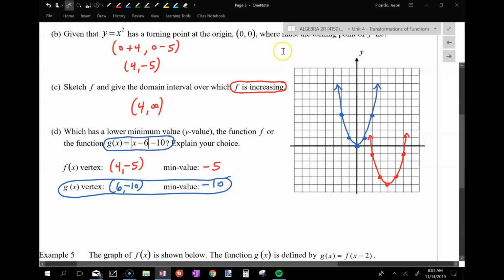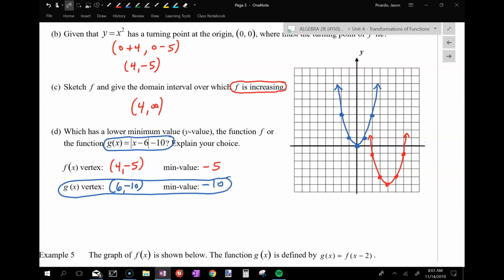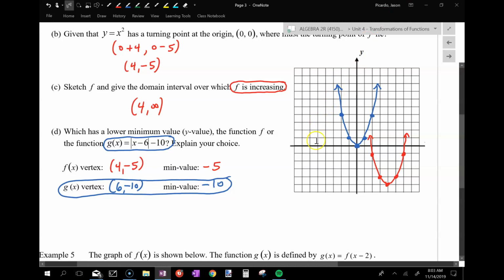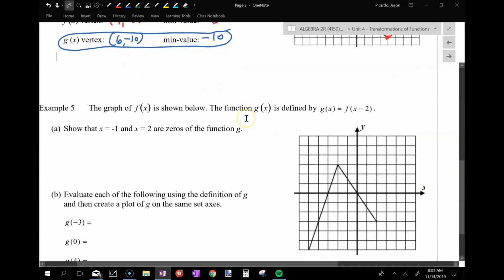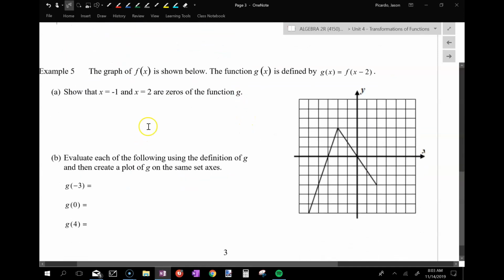All right, last problem of the day. This is a graph of f of x. What am I going to do to f of x?